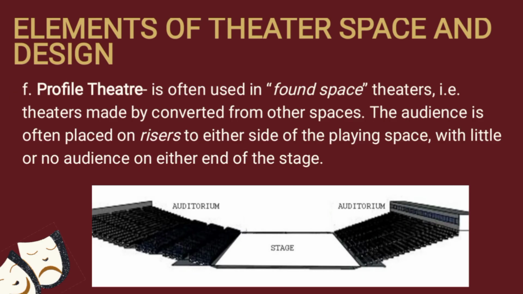Next, we have the profile theater, which is often used in found space theaters, made by converting other spaces. The audience is often placed on risers to either side of the playing space with little or no audience on either end of the stage. So, profile theater is positioned at a certain angle and is often triangular or trapezoidal in shape.